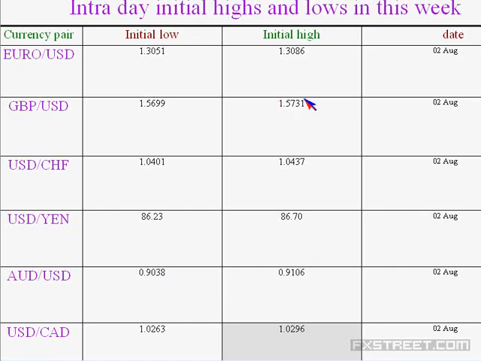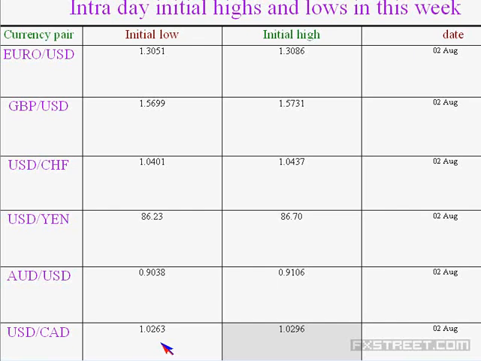So they have not breached the new high in the case of GBP 1.5813, and they have not breached the initial high in the case of Australian dollar, and they made only a brief upward stop, and in the case of euro they made a brief downward stop, and in the case of CHF. So with reference to the initial lows and the initial highs, where exactly they are trying to take the market, you will be able to understand.